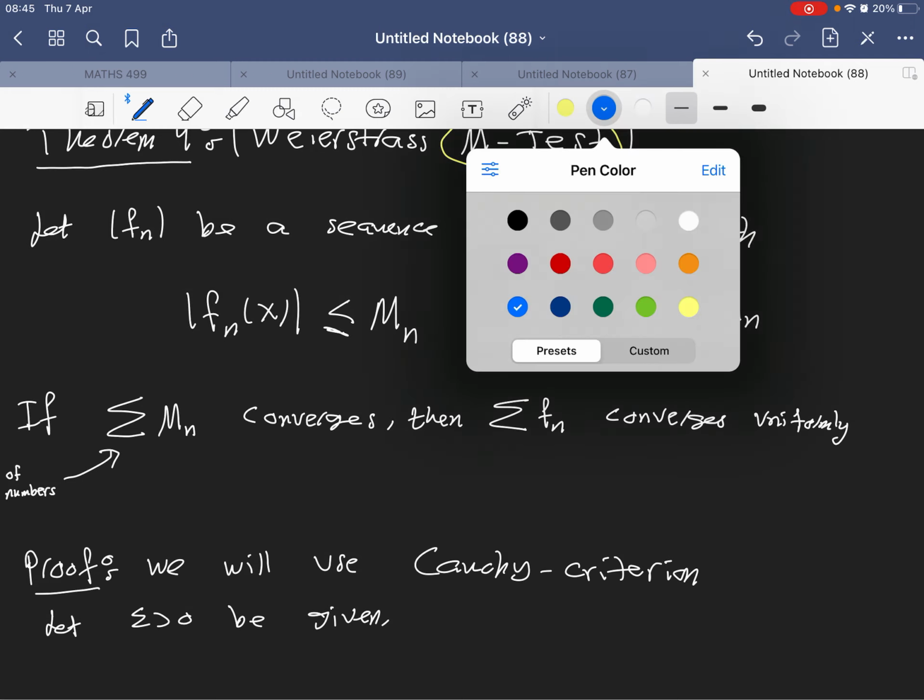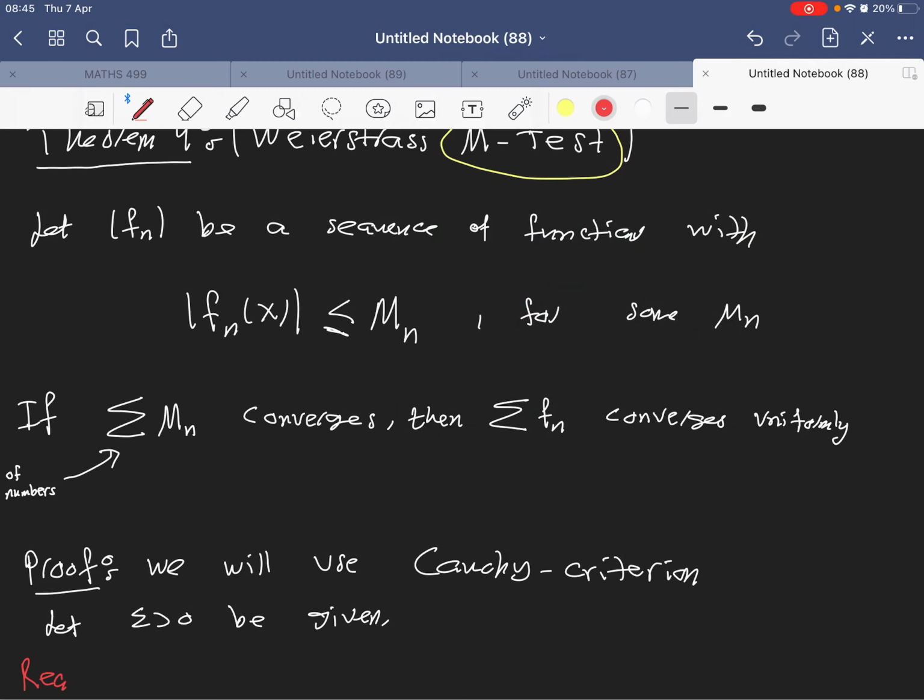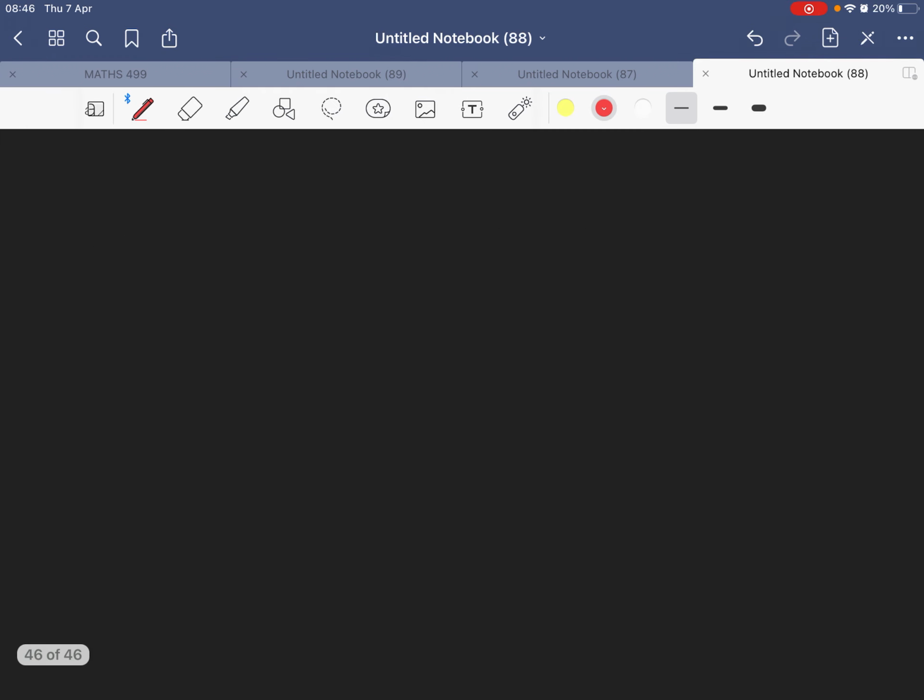And what is required from us is to find N such that if m and n are greater than N, then Sm of x minus Sn of x is less than epsilon. So that's exactly what we want to prove. Okay, let's see how we will prove this one. Of course, we have number 1, 2, and 3. Let me start with number 3.